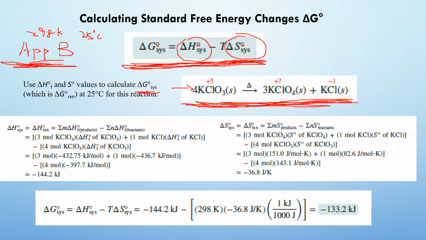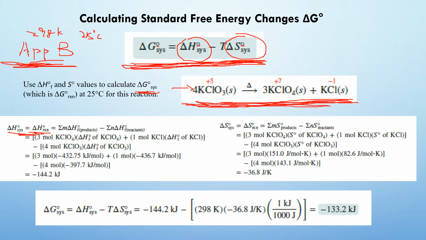The delta H of the system is the sum of the heat of formation for all your products minus the sum of the heat of formation for all your reactants. That's something we learned from chapter 6. The system refers to this reaction, so they are the same thing.